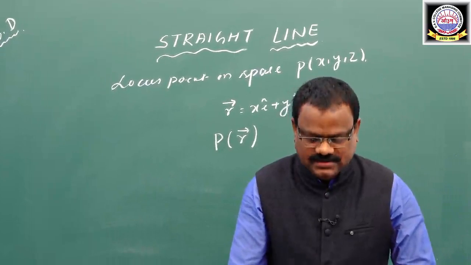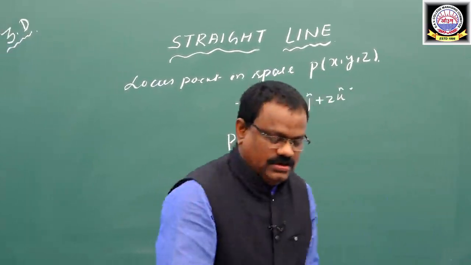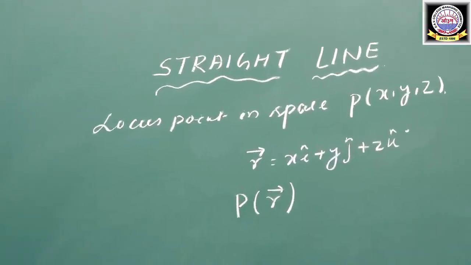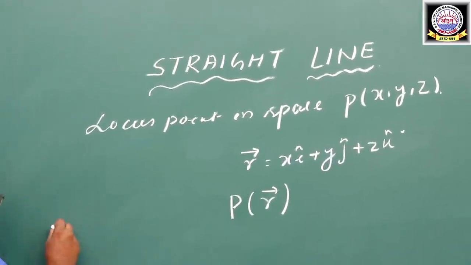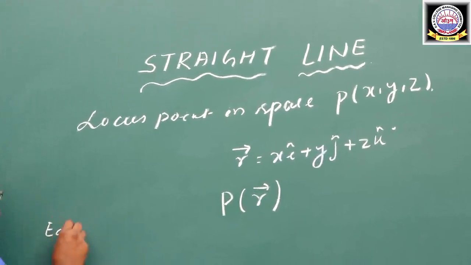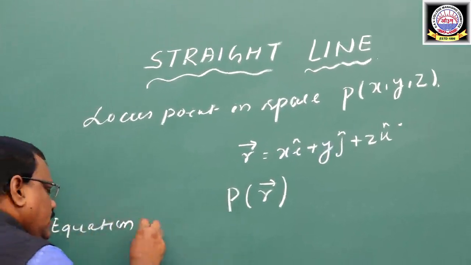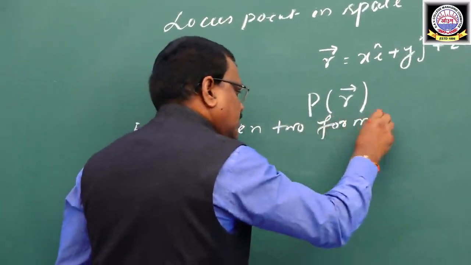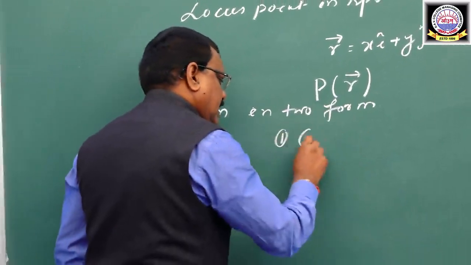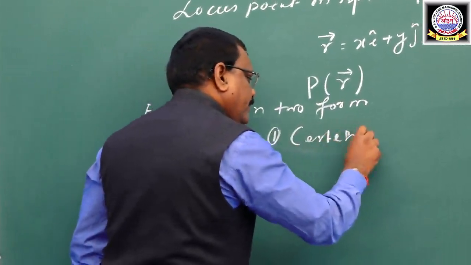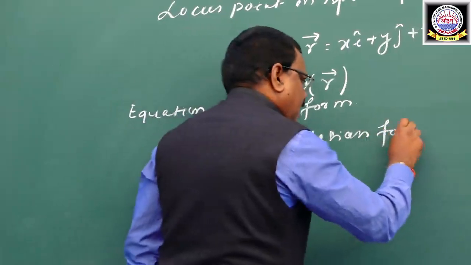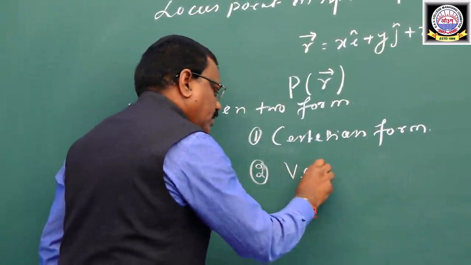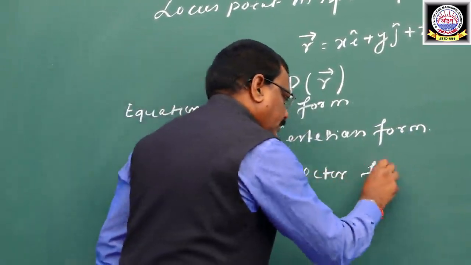So we will discuss the equation in two forms throughout this chapter. First one is the Cartesian form, the second one is the vector form.